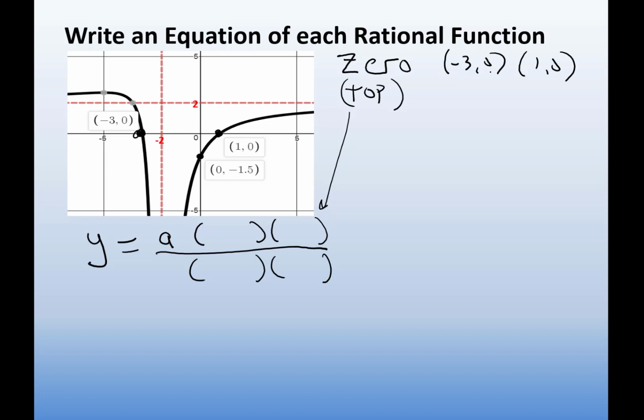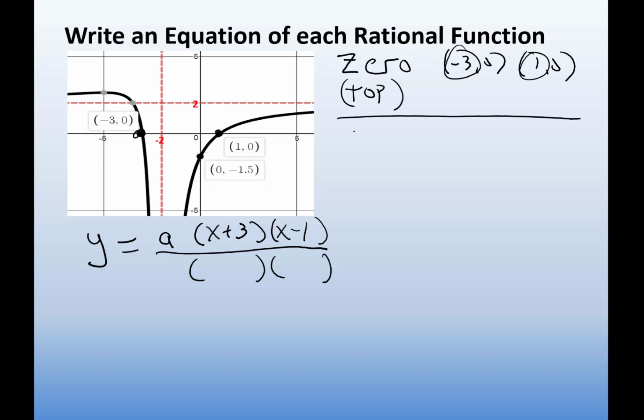So the only way these zeros are going to come about is if something in the numerator will make y equal 0. Well, x plus 3 will equal 0 when x is -3. Same with this one. x minus 1 is going to equal 0 when x equals 1. So we were able to figure out the numerator by creating linear factors for each of the zeros.